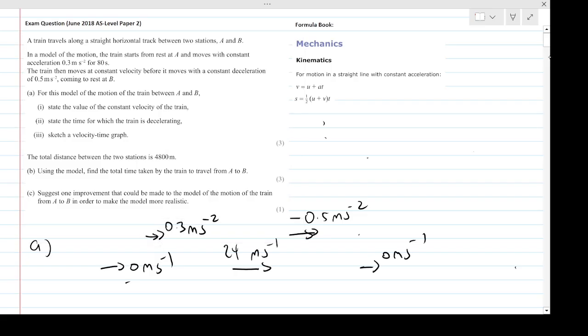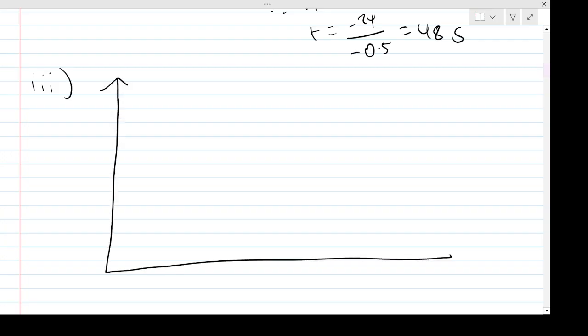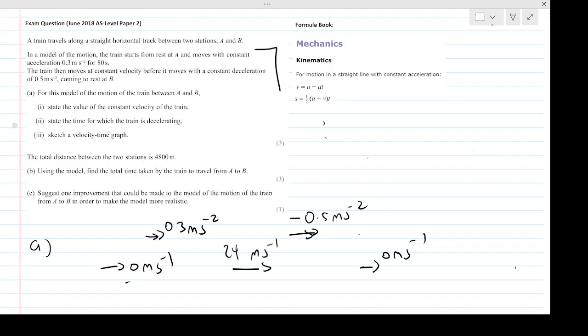So this is back to what we looked at previously. A velocity time graph looks like this: time in seconds, velocity in meters per second. Let's look at this situation again. The train starts from rest and then moves with constant acceleration for 80 seconds, and as we saw, it ends up at 24 meters per second.